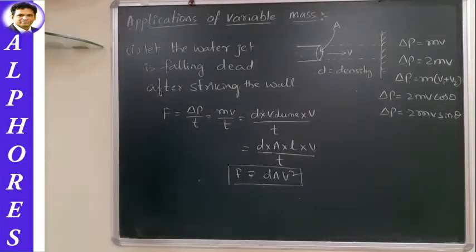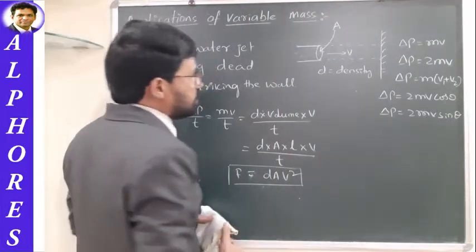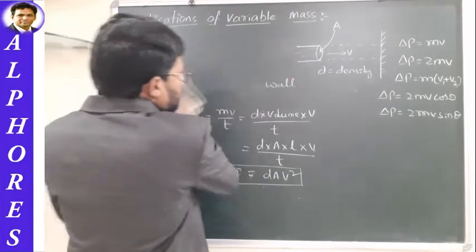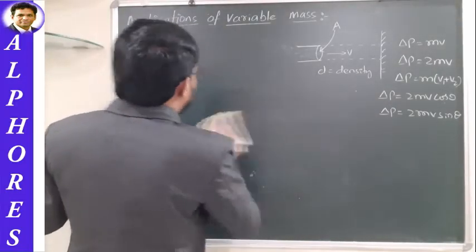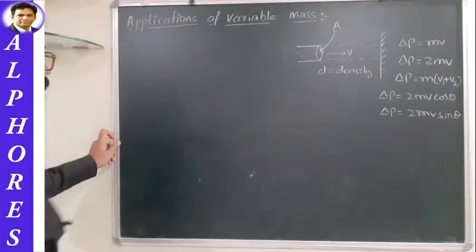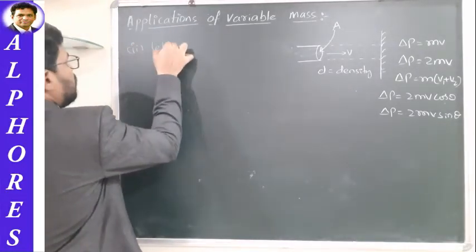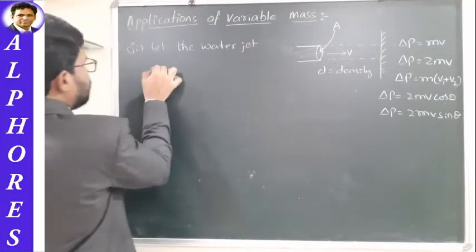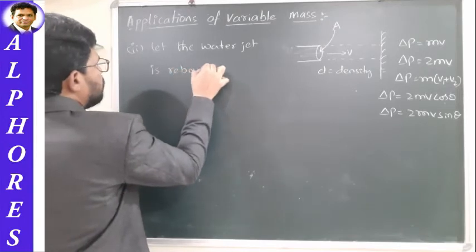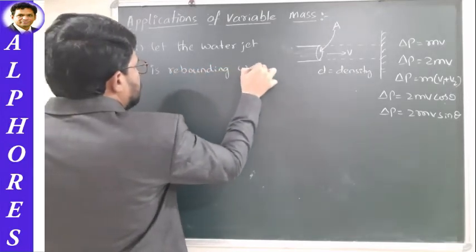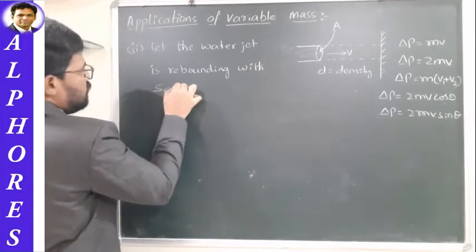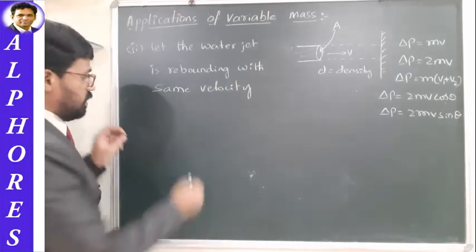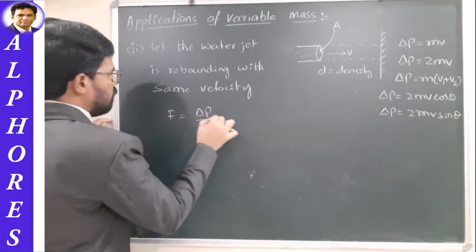Let us consider the other situation. What if the water is rebounding with the same velocity? Let us see what equation we will get for the force acting on the wall. Again the force expression is change in momentum by time.